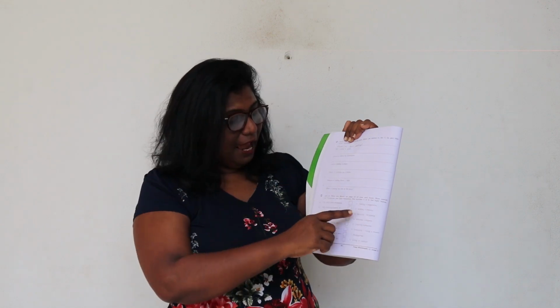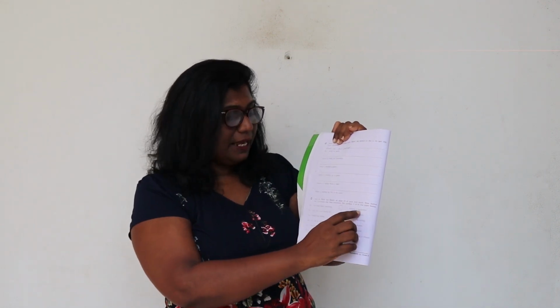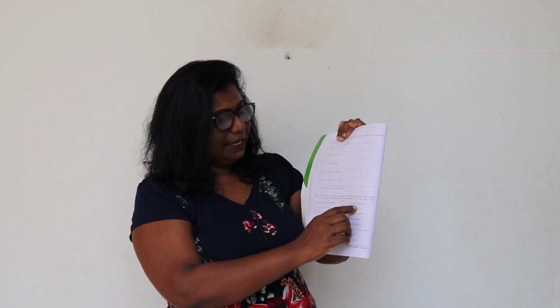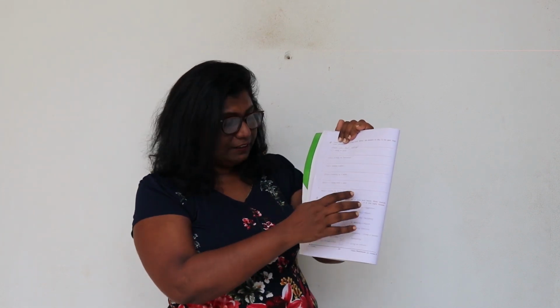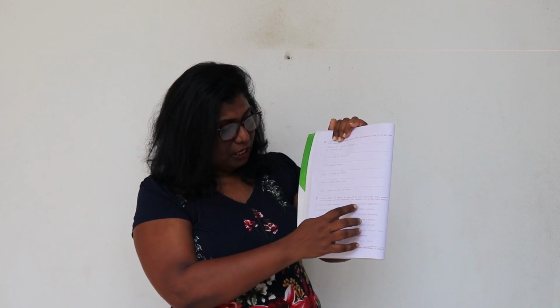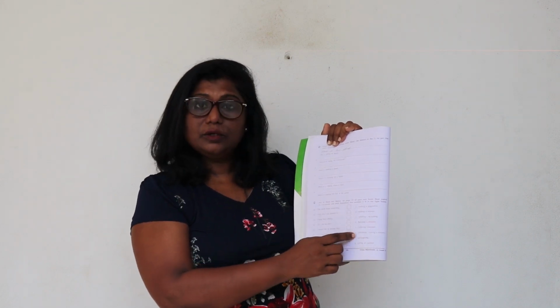So take your dictionaries and find out the meanings of these words. Write them down. Like this, making a suggestion. Suggestion means yojanava. Yojanava karana. Like that, you have to write the meanings of these words. Then learn them. After that, you can match those to these sentences according to the meanings of these sentences.